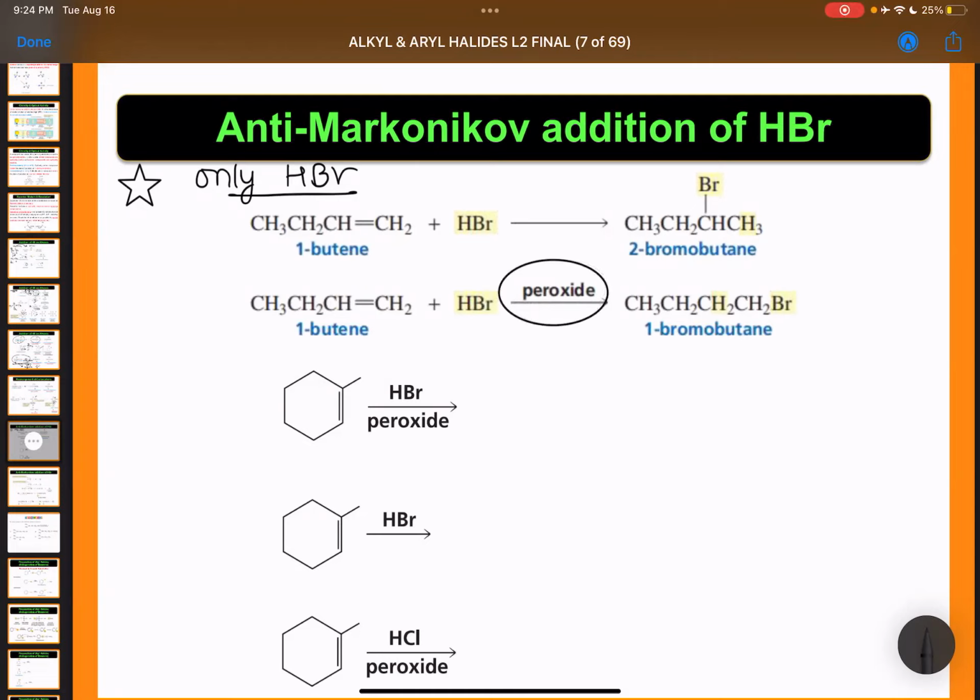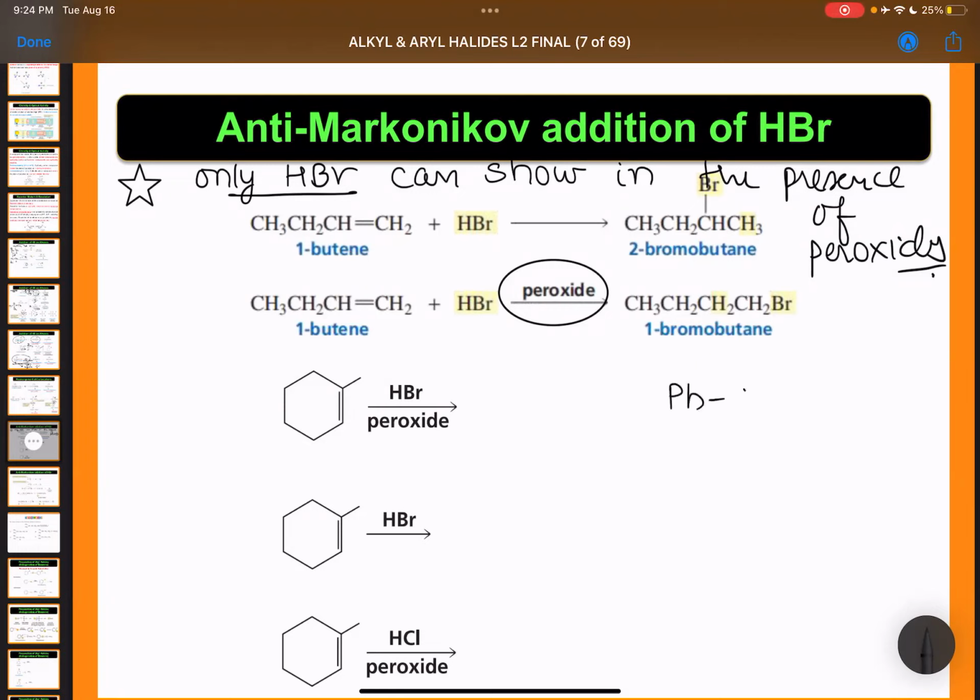Only HBr can show it. What are peroxides? Sir, H2O2 like that. Yeah, H2O2, there are other kinds of peroxides also. For example, benzoyl peroxide is there, that is very famous.